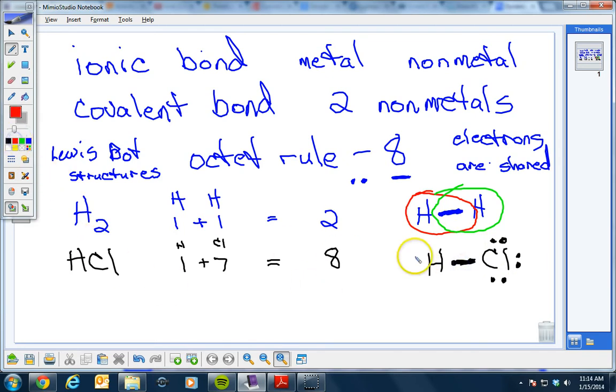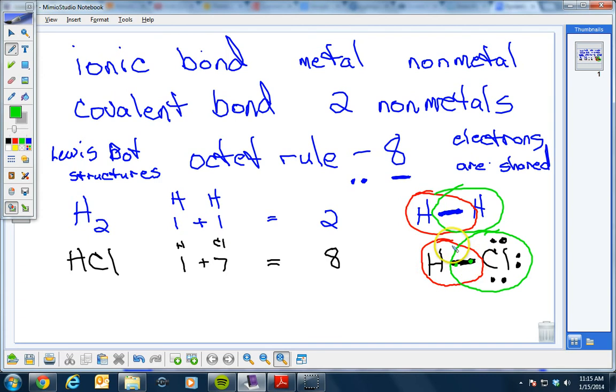Because now, if we look at how many electrons each atom has, hydrogen is happy, it has 2. Chlorine is now happy because it currently has 8 electrons around it. 1, and I'll redraw them, 1, 2, 3, 4, 5, 6, 7, 8. And going back to what I said just a moment ago, if it's drawn as a dash, those are shared, and both atoms have it.